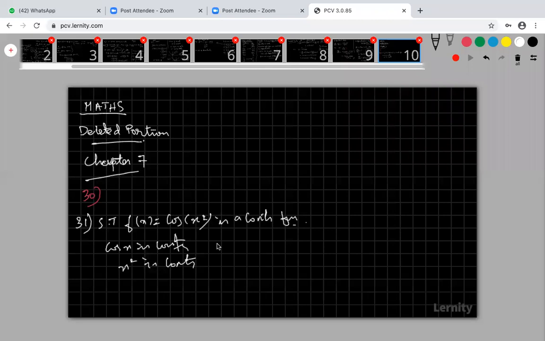So therefore cos x is continuous. X square is continuous. But take the composition of these two functions. What happened? Take g of x is equal to cos x. H of x is equal to x square.